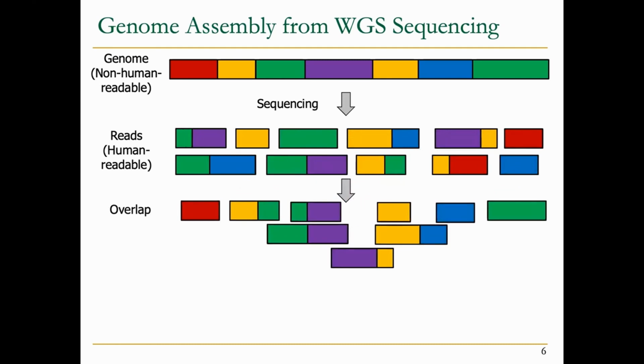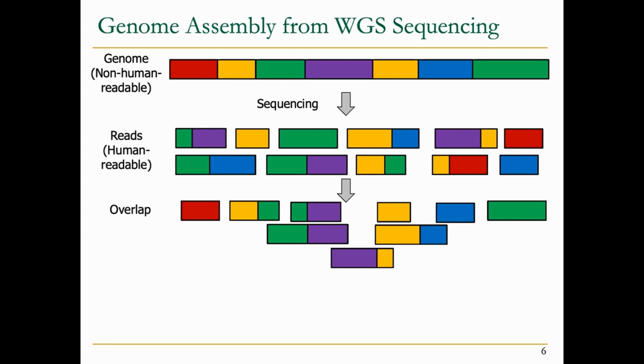We scan through all pairs of reads and try to find overlaps that have matching blocks between them. For example, here the blue part is matching between this and this, and here the green part is matching, so that we can find the relative order of the reads by comparing every pair.